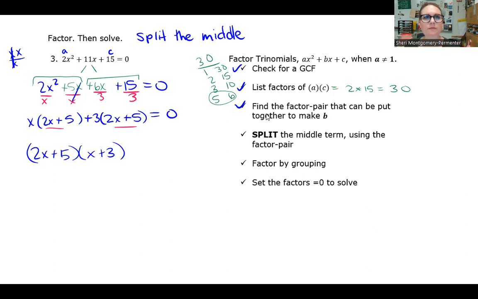All right, so we found the factor pair, we split the middle, we factor by grouping. Now, if we have factors, can we set them equal to 0 and solve? Yes.